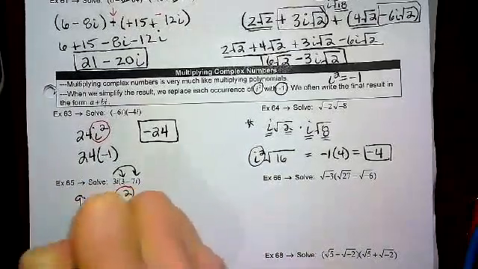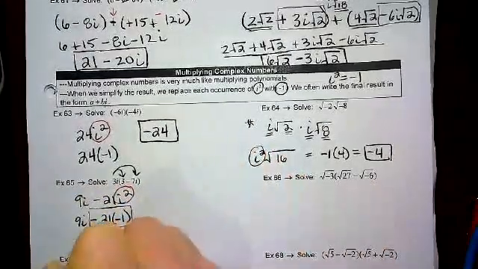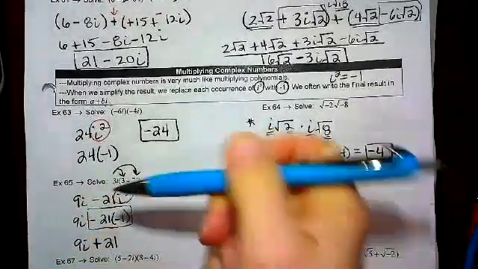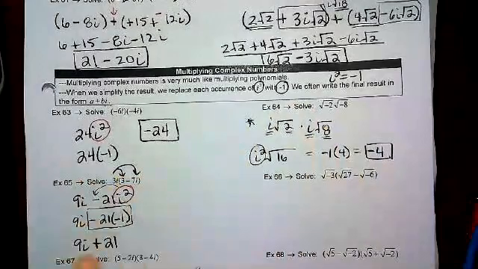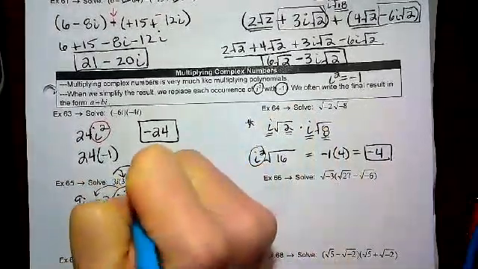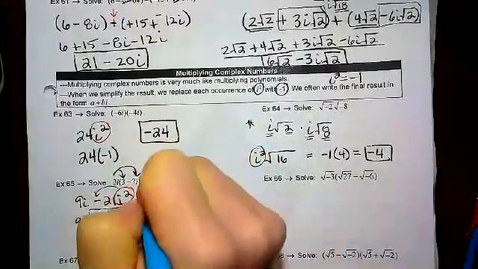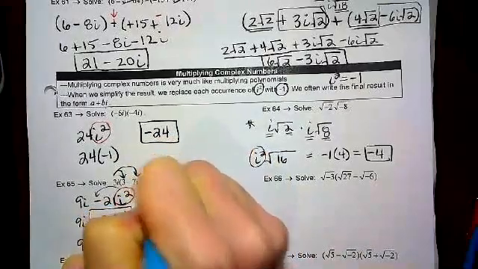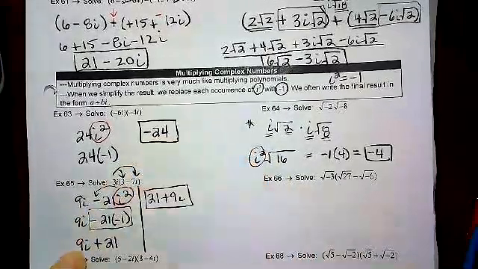Remember to kind of pick that sign up with it that's in front of it. So that makes it a positive 21. So if you're multiplying something times an i squared, basically it's changing that sign, right? Because you're multiplying it times a negative. But to write it in proper form, my real part ended up at the end then. So I would say 21, and since that's a positive 9i, plus 9i, if you write it in the proper notation.